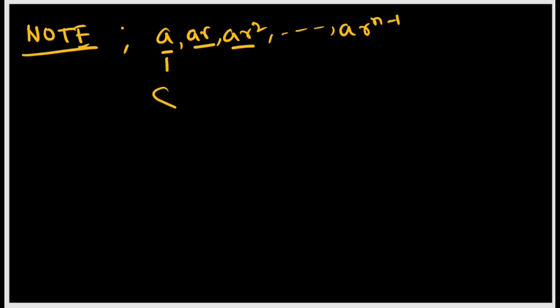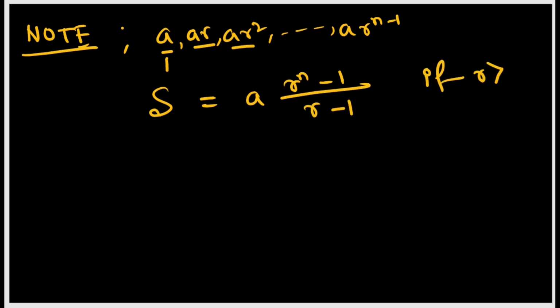Let us write a note here. Suppose the GP series is a, ar, ar square, up to ar to the power n minus 1. So a is the first term, ar the second term, ar square the third term, and r is the common ratio. Then the GP series sum S is equal to a times (r to the power n minus 1) by (r minus 1) if r is greater than 1.